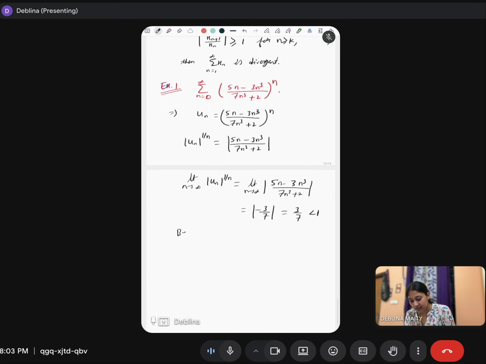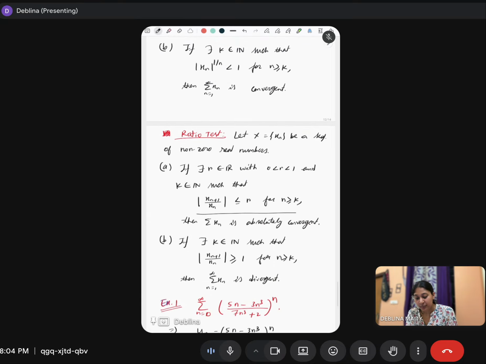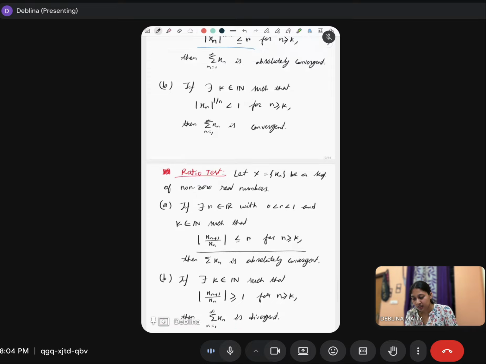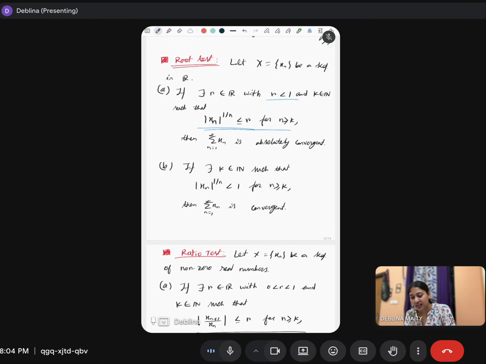So by root test, limit is less than 1, so after some k, all the terms... limit is less than 1 means there will be some k after which all the terms will be less than 1, right?